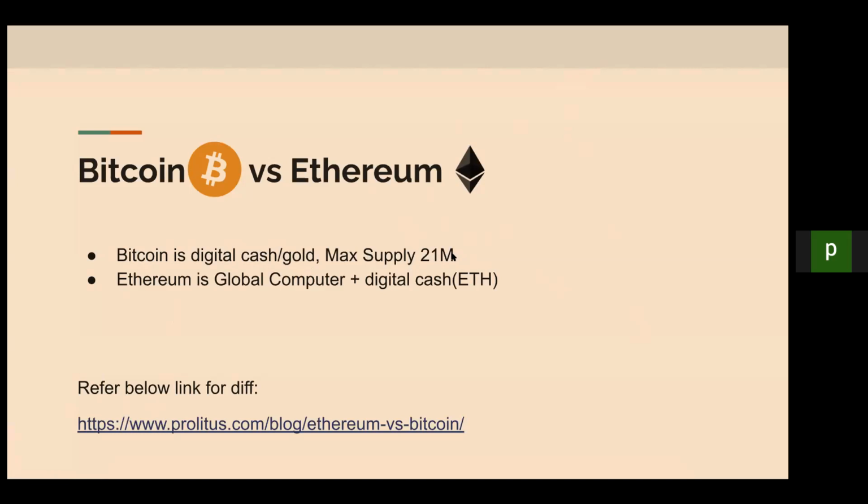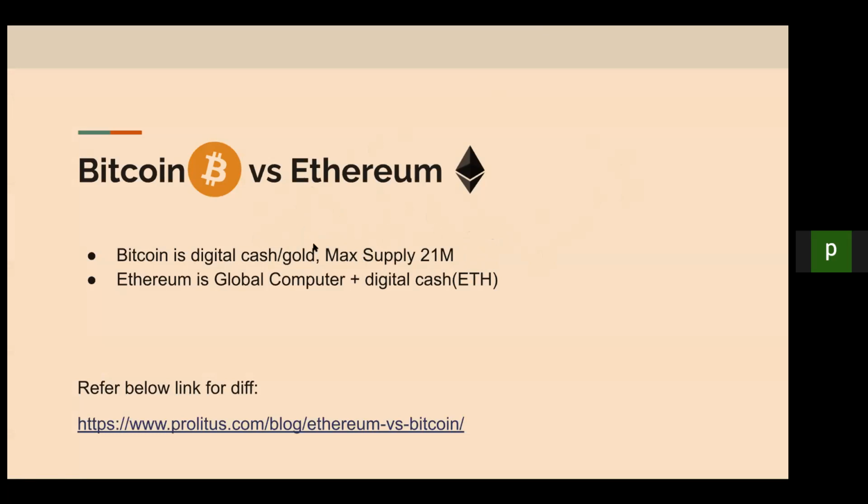Currently 18.5 million Bitcoin is already mined, so only about 2.5 million Bitcoins remain to be mined. And you need very huge computational power to mine Bitcoin. So you have some similarities between gold and Bitcoin. Bitcoin is scarce, gold is also very scarce. It is hard to mine Bitcoin, and it is hard to mine gold.